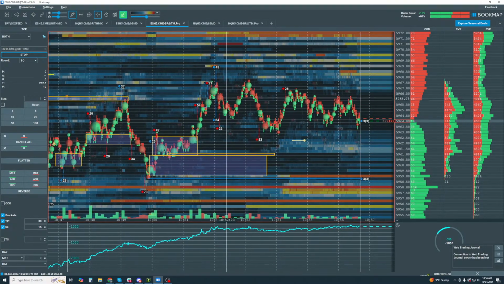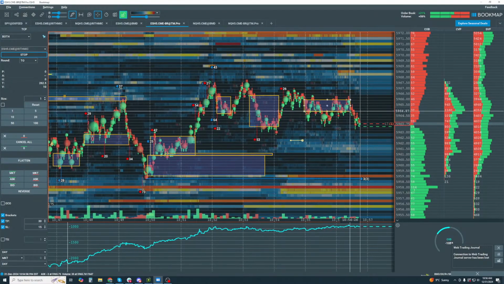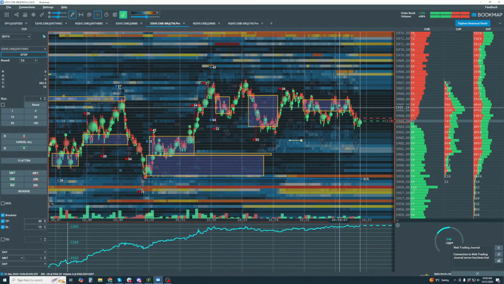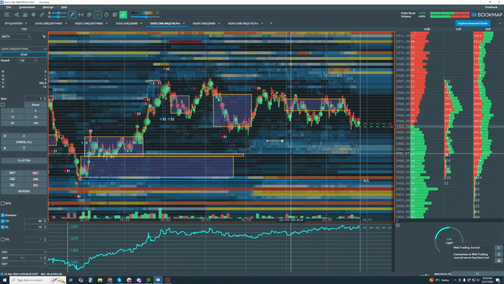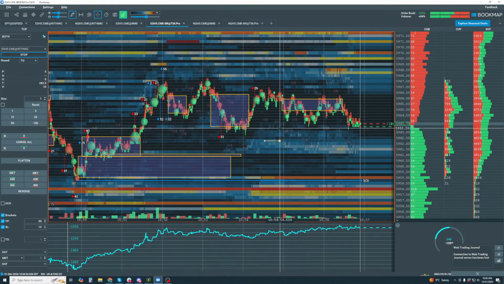Let's see, maybe some of this, some of that. What does cumulative delta look like? It's not really telling us much.